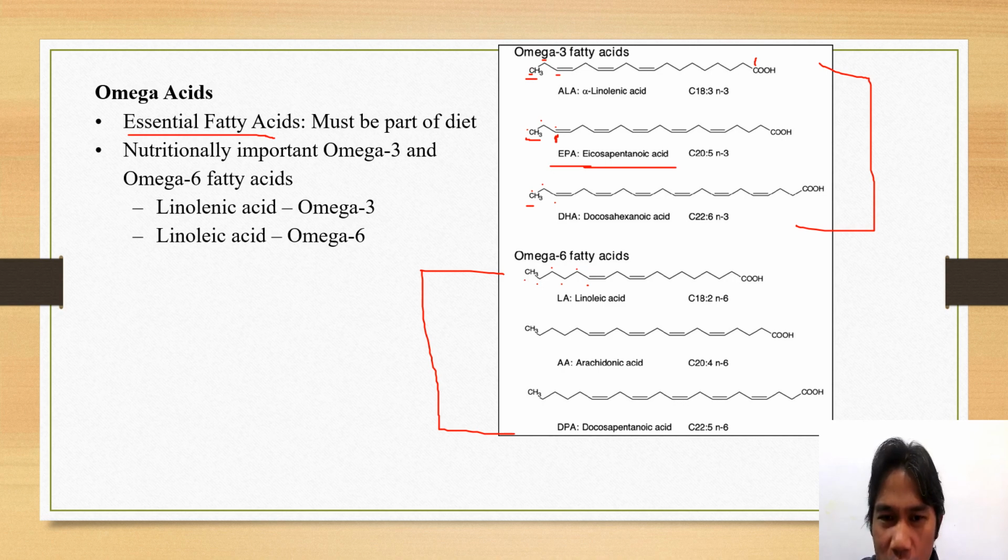For arachidonic acid, 1, 2, 3, 4, 5, 6. For DPA, 1, 2, 3, 4, 5, 6 also. So that's how we assign numbers for omega acids.